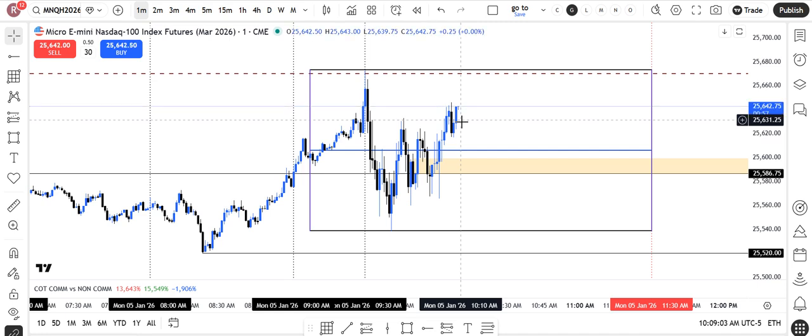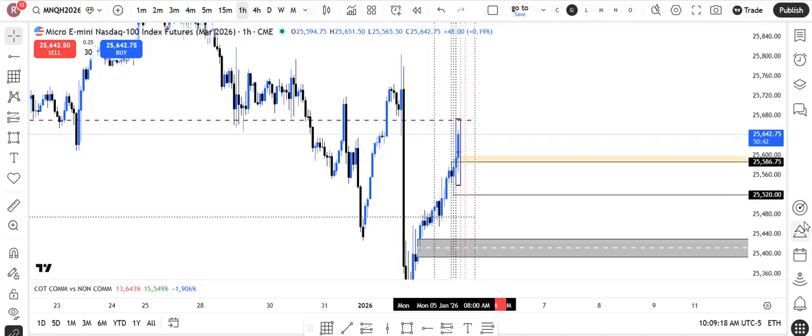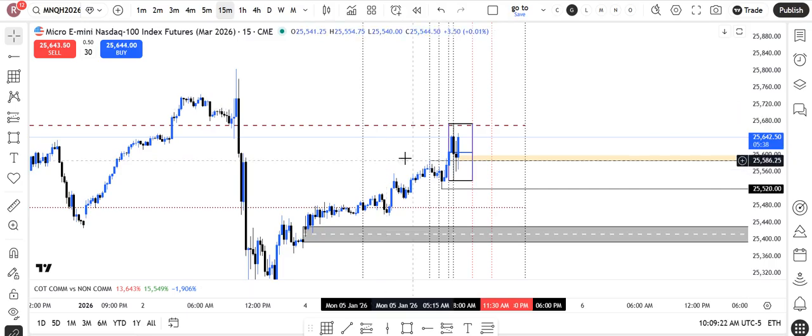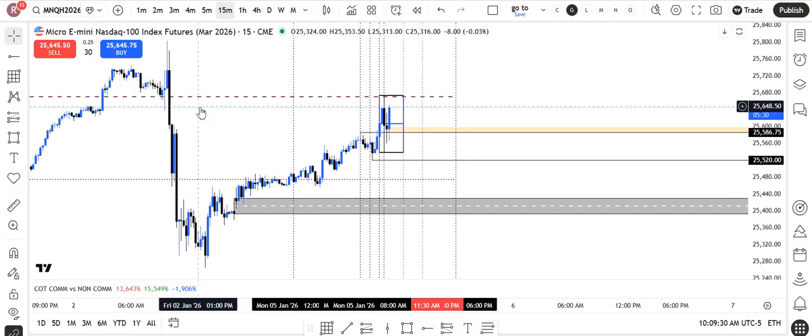Because even if this thing does go up, and like I said, the bias of the morning is a bullish bias, does this make sense? Would it make sense to go long from overnight? Not in my opinion.